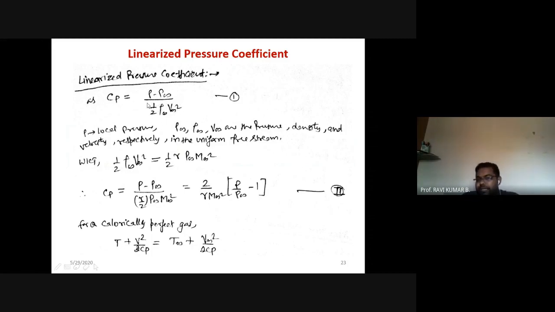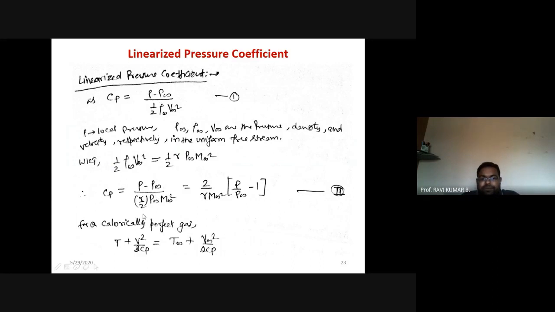But we know this dynamic head, half ρ∞ V∞², we need to relate with the Mach number. So half ρ∞ V∞² is nothing but half γ P∞ M∞². So by substituting this value here, I can relate Cp in terms of Mach number and pressure ratio.